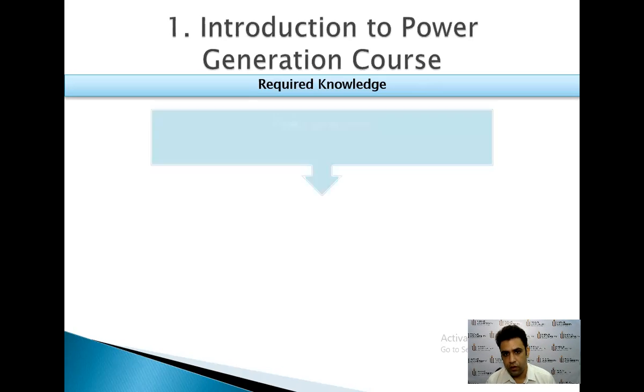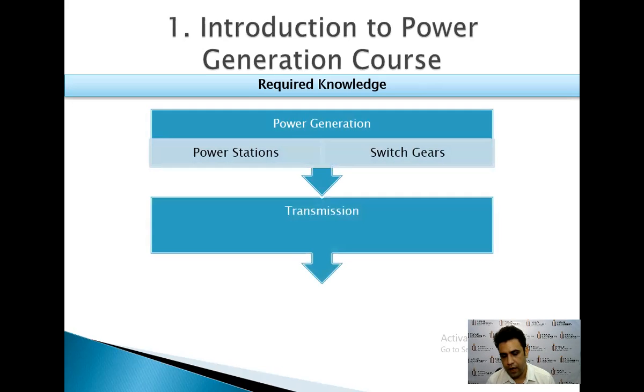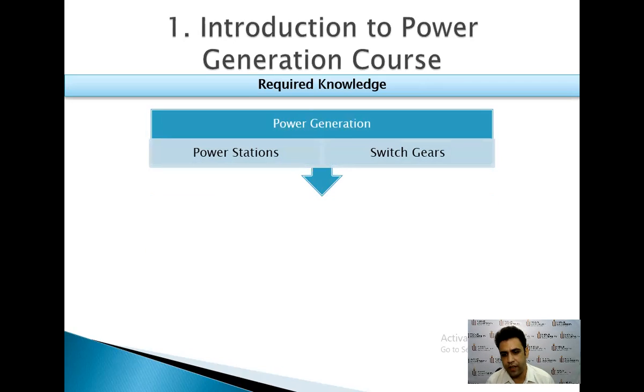So the first thing is in power generation, the students must know about what is power station and know about the switch gears. And actually the power system is divided into three categories. We can say that the generation, transmission, and distribution. So the students must know about these categories.